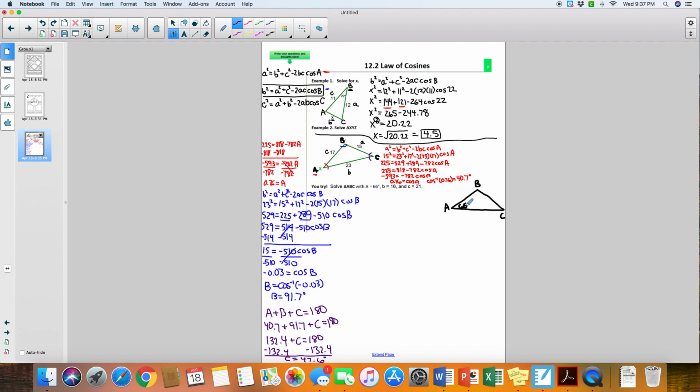So this would be 66. It tells me little b is 16. And remember, little b is opposite of big B. So this would be 16. And then little c is 21.